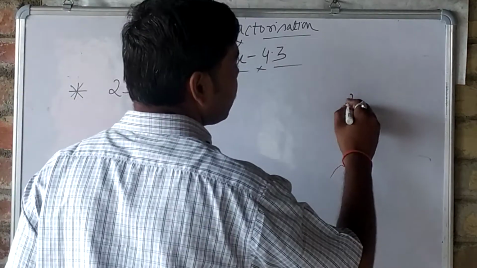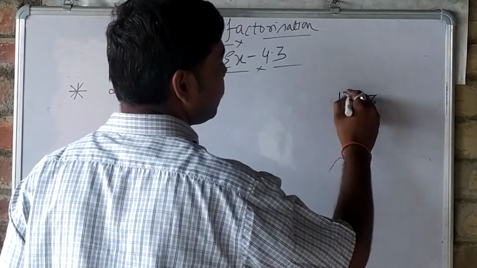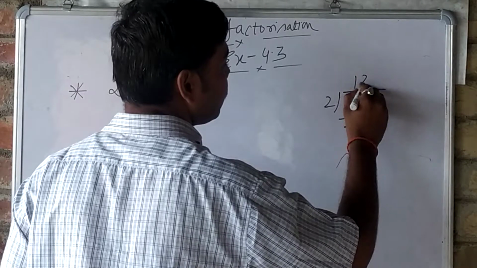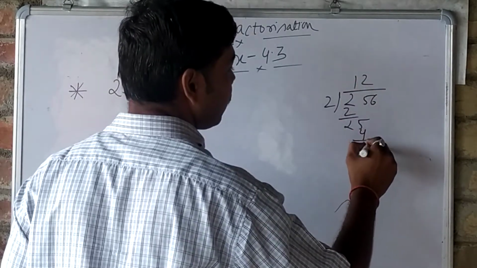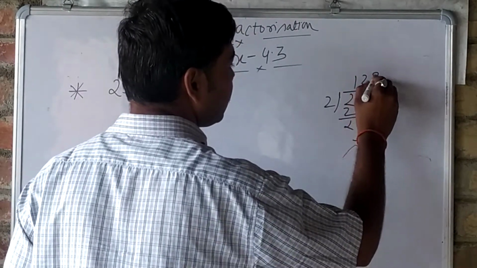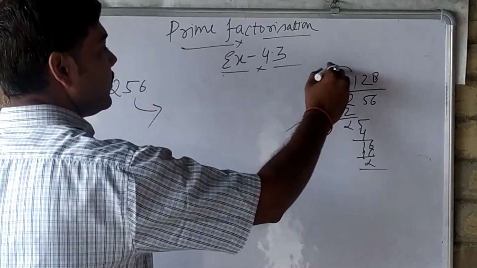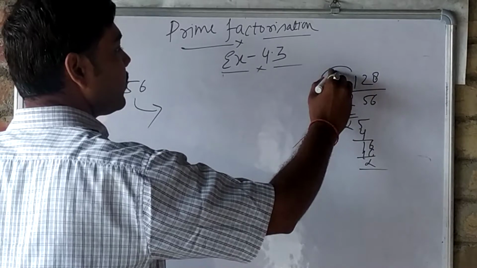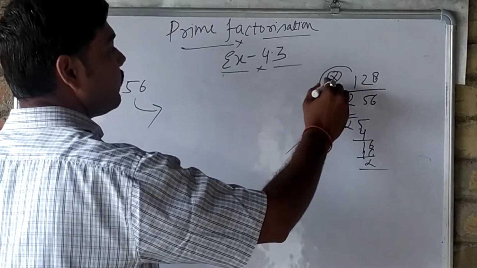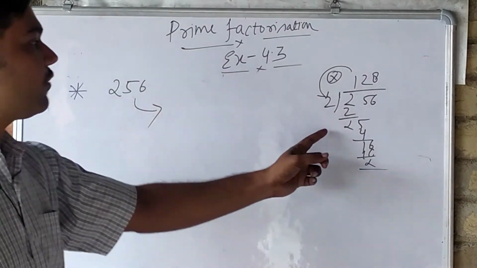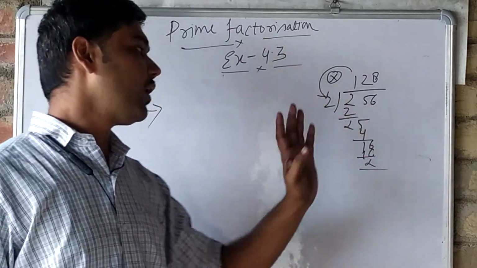If we do not know, simply what we have to do is divide it. 2 ones are 2, 2 twos are 4, 2 eights are 16. So 128 into 2: if we multiply 128 by 2, we will get 256. How have we found it? We found it by dividing.